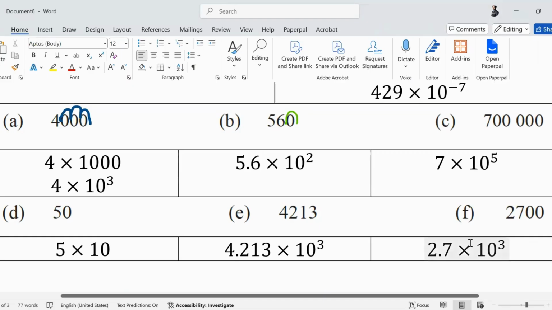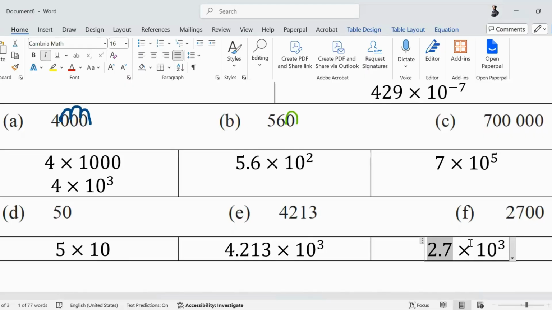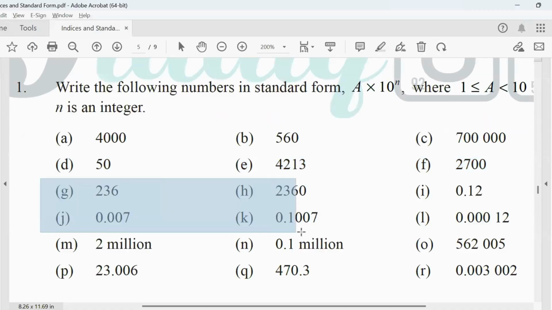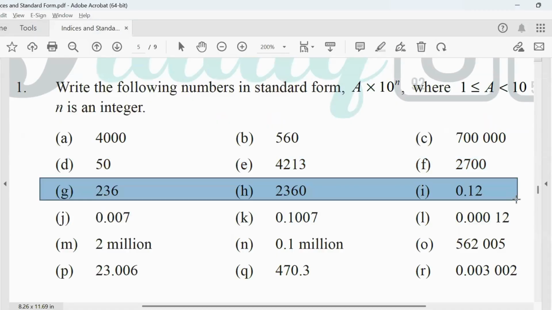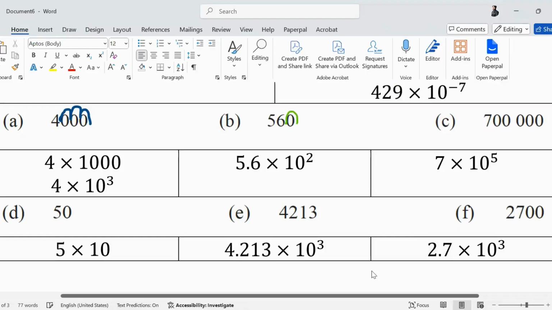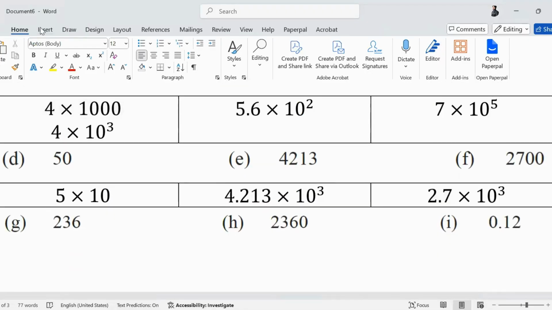What is our ultimate target? To make this number less than 10 and greater than 1. Is that right? The moment we get that by moving the decimal places, we stop at that particular instant. It could be 1000 as well, the exponent can be as large as you want, there is no limit on the exponent. Don't worry about the exponent.